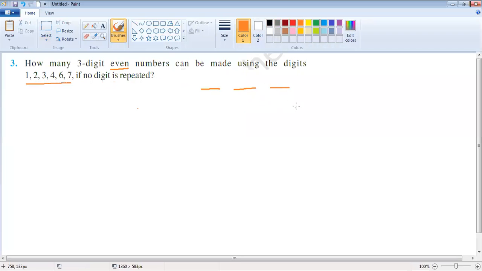The given digits are 1 2 3 4 6 7, so here you need 2, 4 or 6. For an even number, the last digit must be 2, 4 or 6. That means there are three ways. In total you have 1 2 3 4 6 7, which means 6 digits.